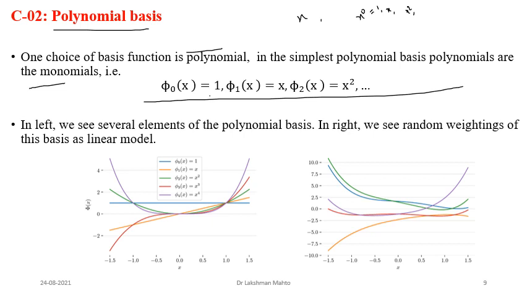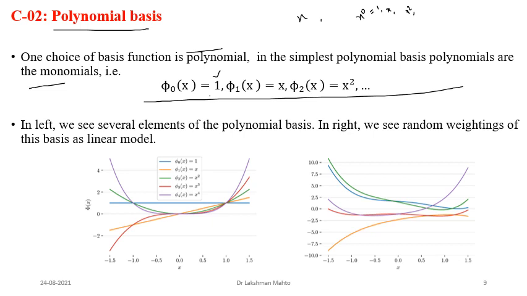This one is the first basis function, 1, then we have x, this orange line is x, then x square, this purple curve is x square, and then x cube and x to the power 4, which we call quartic or biquadratic.